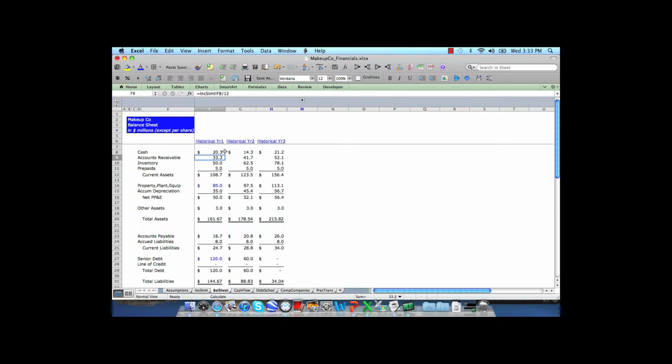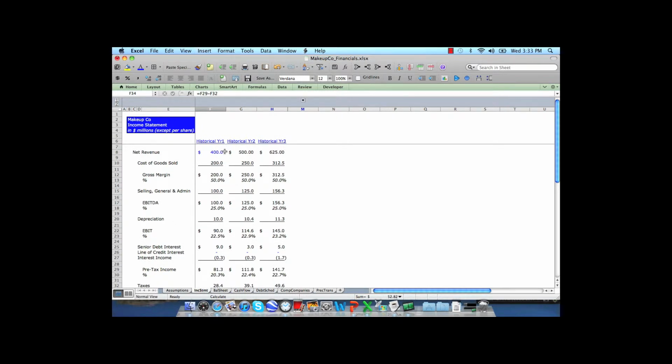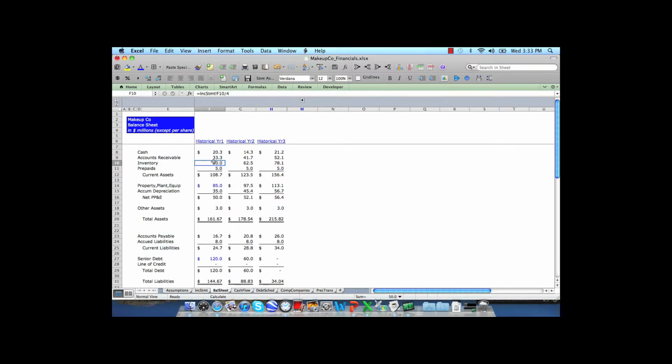So for example here, this divided by 12 basically says a company is getting paid, on average, about a month after making its sales. Similarly, inventory is often based upon cost of goods and a turn. So in this case, we've got income statement F10, which you can see is the cost of goods, and a turn on that, which I put in as 4 times. Basically it means a company is holding 3 months of inventory at any time.